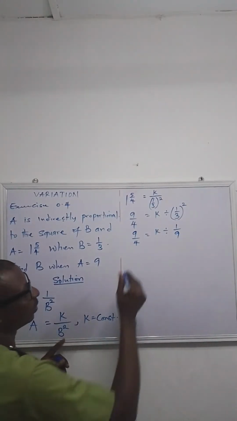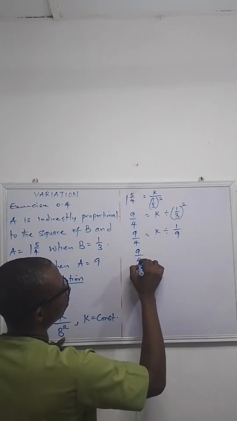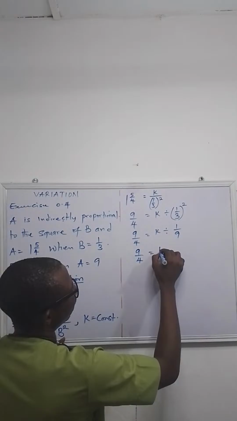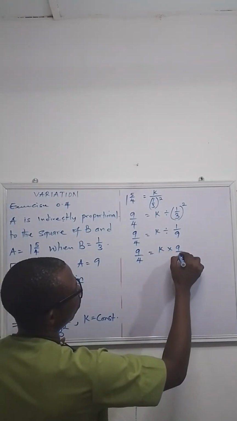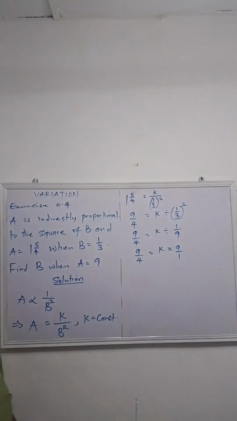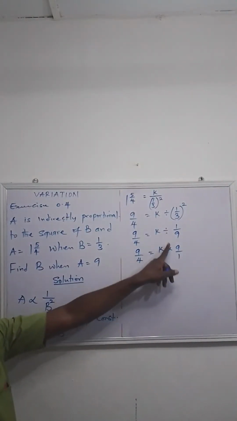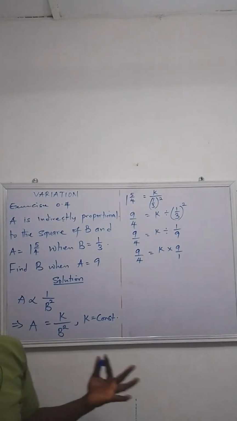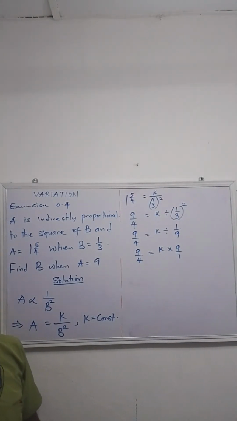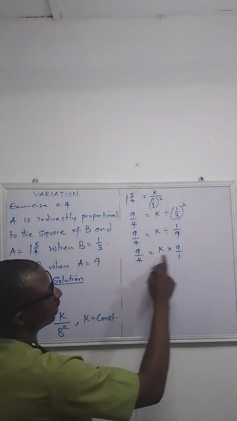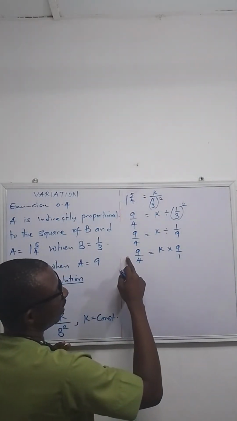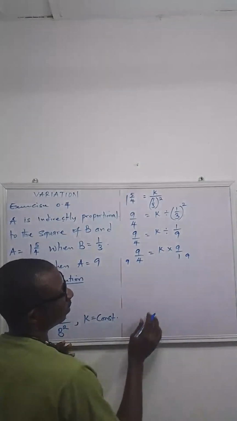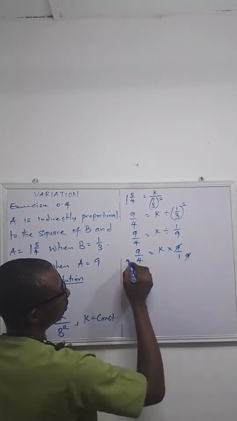Okay, so now this is 9 over 4 equals K times 9 over 1. Once you change this to multiplication, you find the reciprocal of what you have here. So here you can divide both sides by 9. Once I divide this by 9, this by 9, 9 cancels 9.